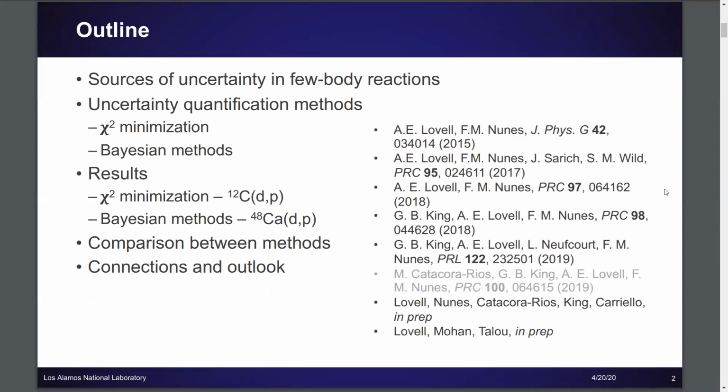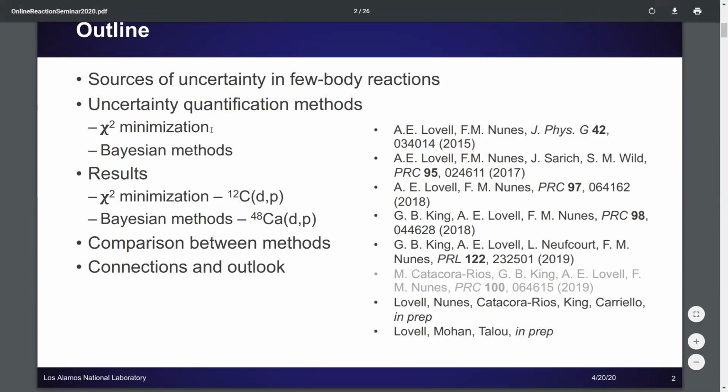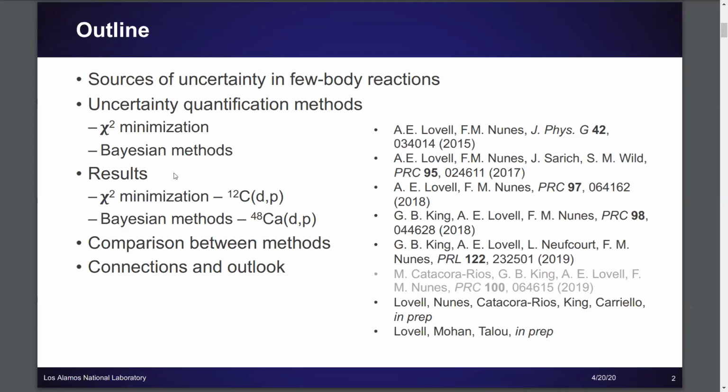So I'm gonna begin by briefly explaining the uncertainty sources that we have in few body reactions before going into the methods that we've been using to quantify these uncertainties, both chi-square minimization methods, which have historically been the more standard methods to use, and then into the Bayesian methods that have really picked up a lot of steam in the recent past, I suppose, especially in this community.